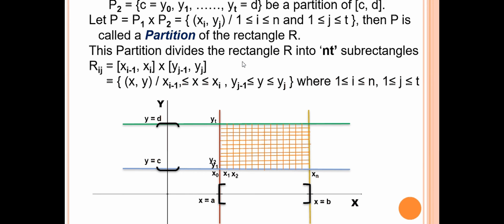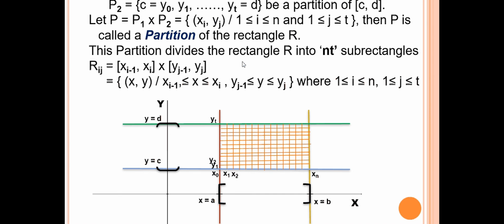So partition of AB and partition of CD will result into sub-rectangles, and we can easily see that n sub-intervals from AB and t subintervals from CD will result into n into t subrectangles.